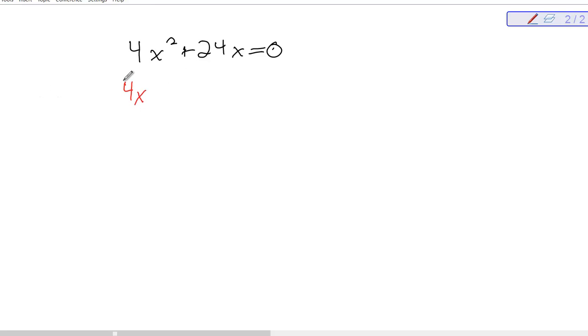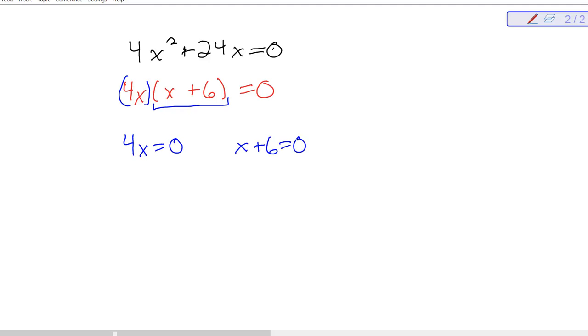So if I simplify a 4x out, or factor out a 4x, that's going to leave me with an x plus 6 equal to 0. What happens in this case is I have this one factor times this other factor. And so I'm going to set these two factors equal to 0. 4x equals 0, and x plus 6 equal to 0. And I will solve from there.